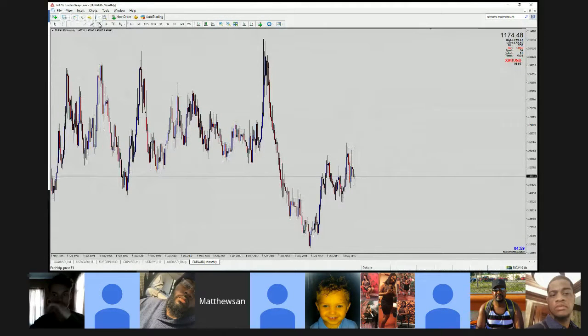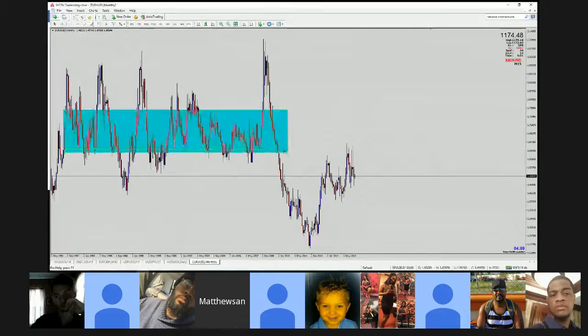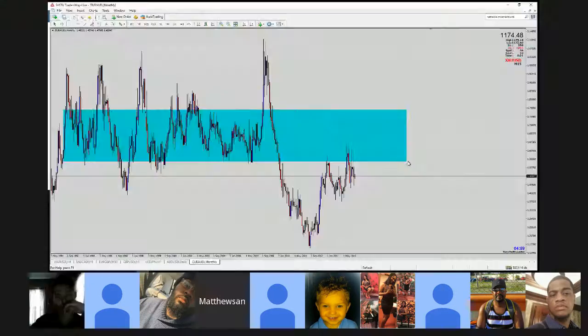All right, same thing here. So this is all middle of consolidation. This is all middle of the swing, right?